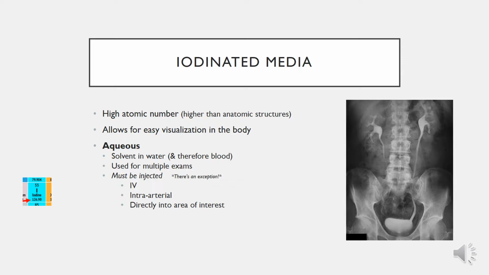They're going to be injected through an IV, intraarterially, or directly into the area of interest, like a urinary catheter or female reproductive organs. Now, your book does state that all iodinated contrast agents must be injected. However, there is an exception. Do you remember that exception?